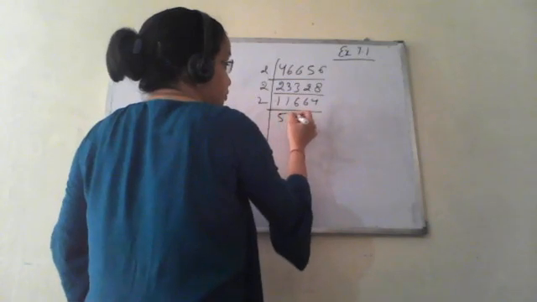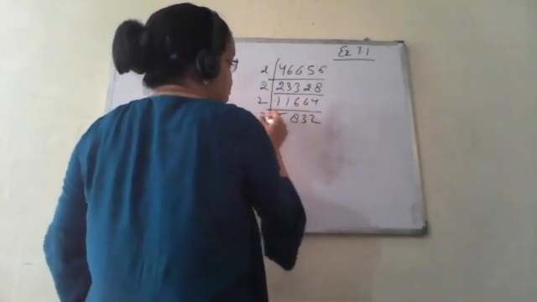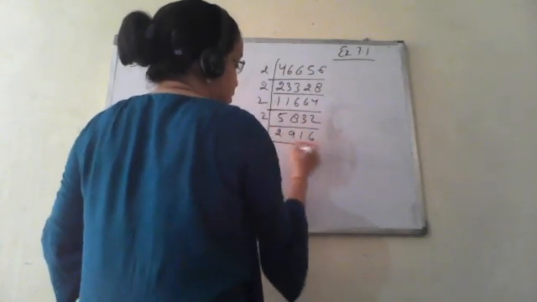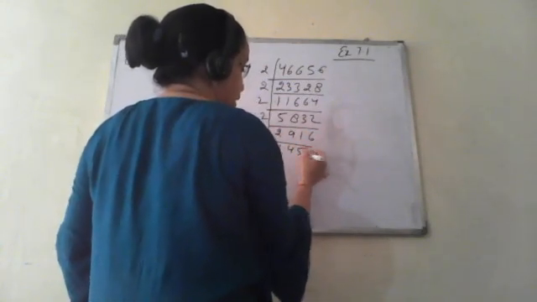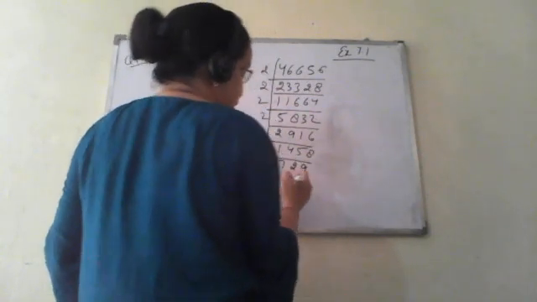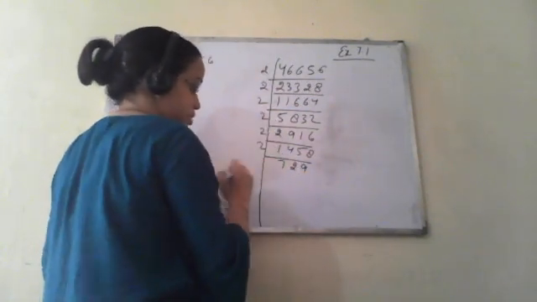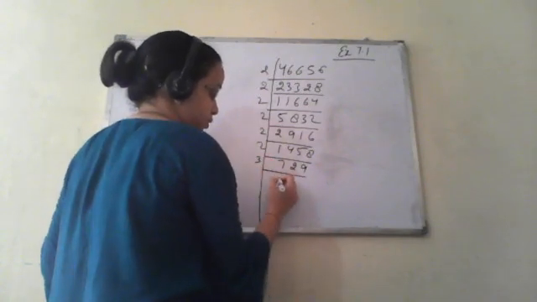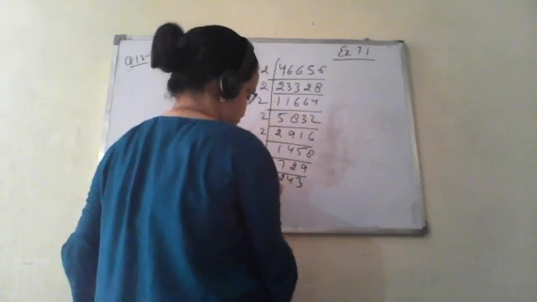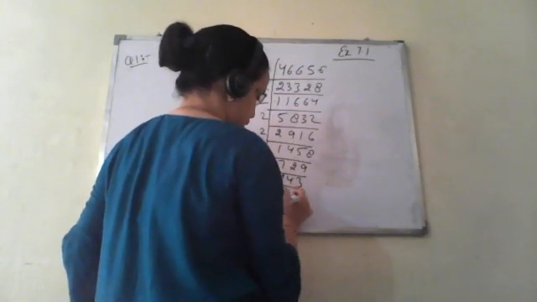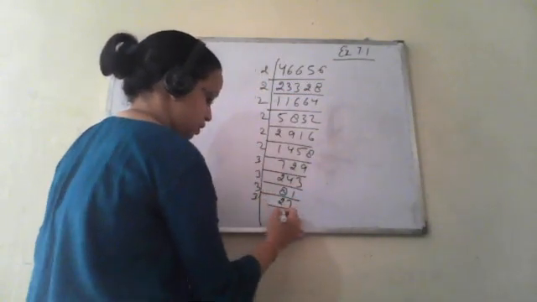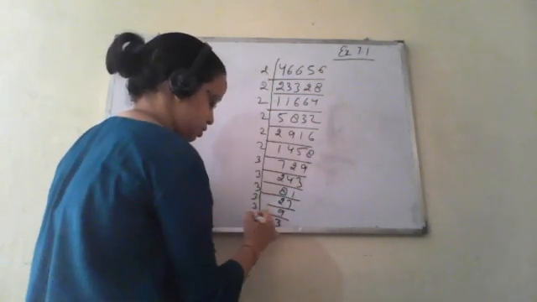This is 5 8 3 2. This is 2 9 1 6. This is 7 2 9. This is 2 4 3. This is 81, 27, 9 and 3.